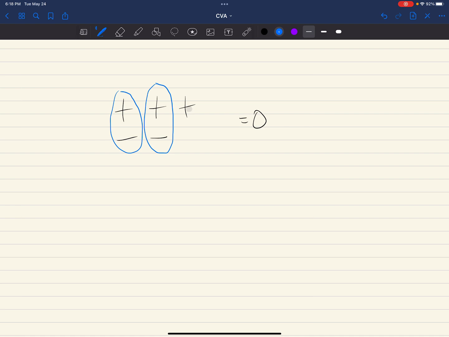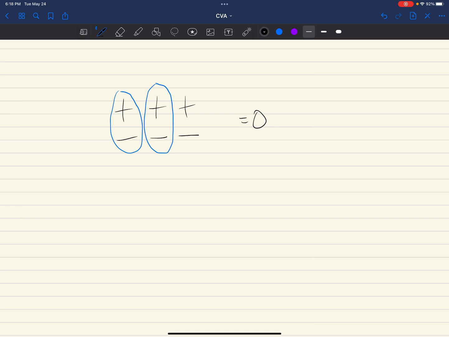So I want you guys to pause the video real quick and answer this question. What do I need to add to this diagram right here to make this entire thing into a 0 value? All right, so I'm assuming that you guys paused the video and thought about it. My answer is you just add a negative counter.